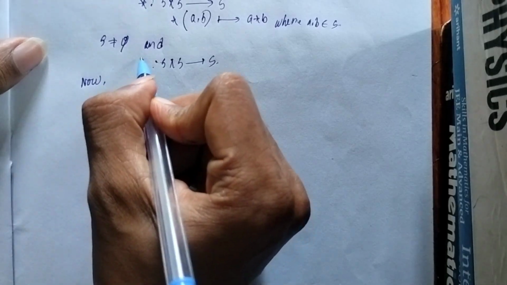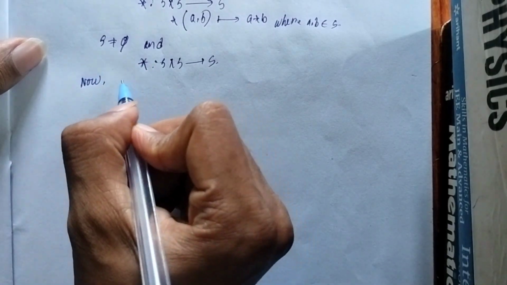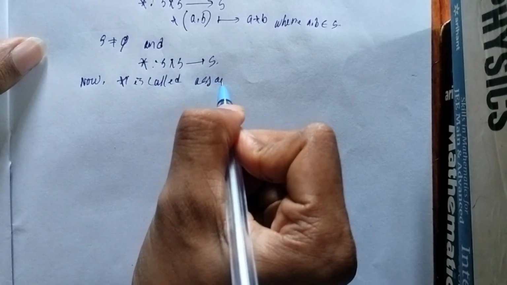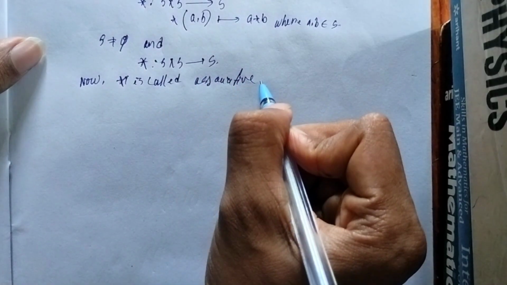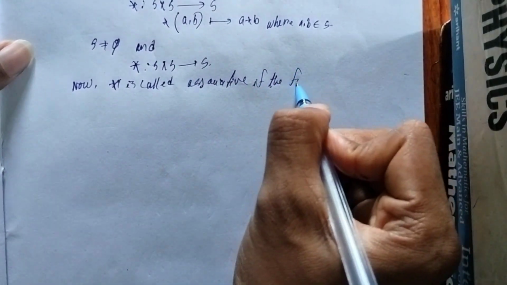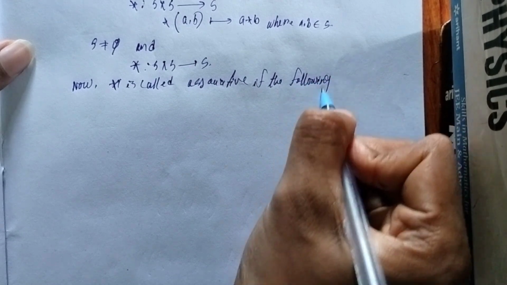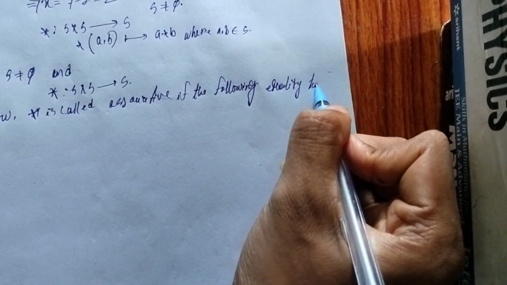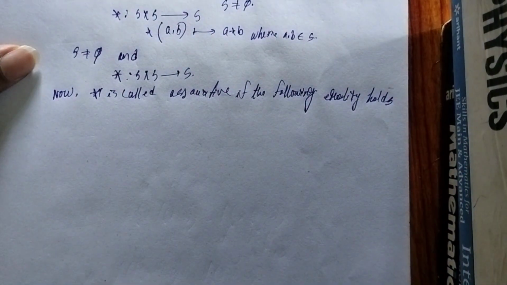Now this star is called associative if the following equality holds. Let me write the equality.